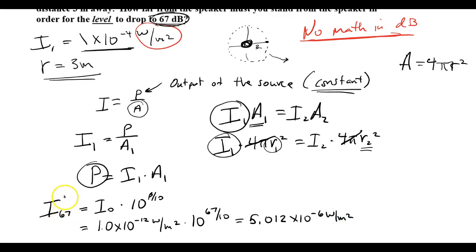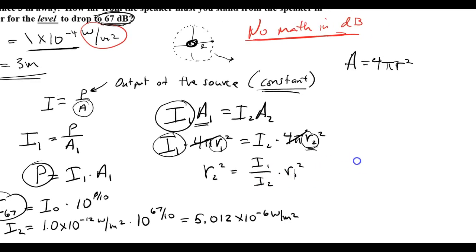So now this is my intensity at my new spot. I'm going to call that I2. What I'm looking for is R2. So basically R2 squared is equal to I1 over I2 times R1 squared. Then I could square root both sides to get rid of the square on R2.